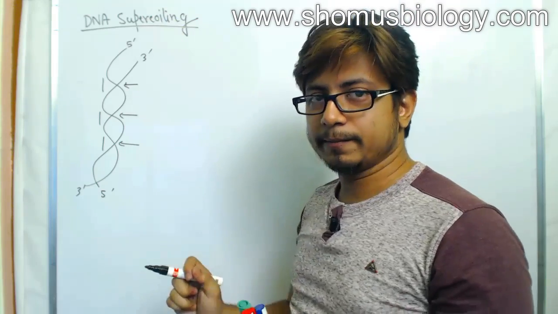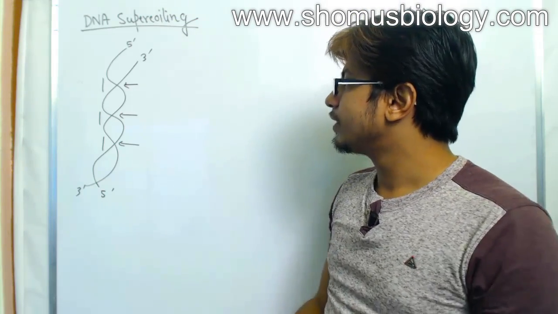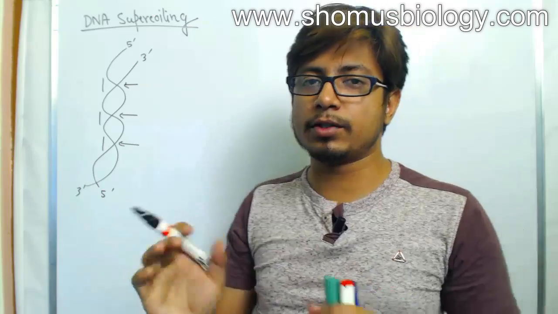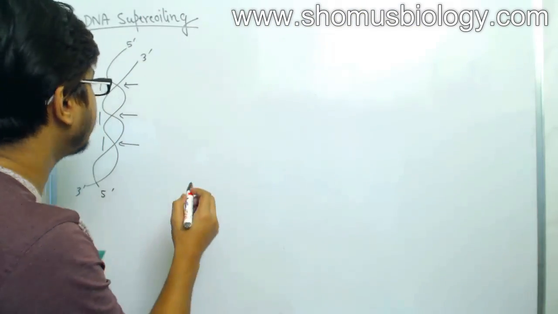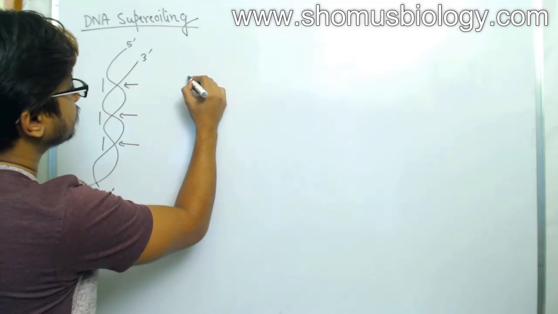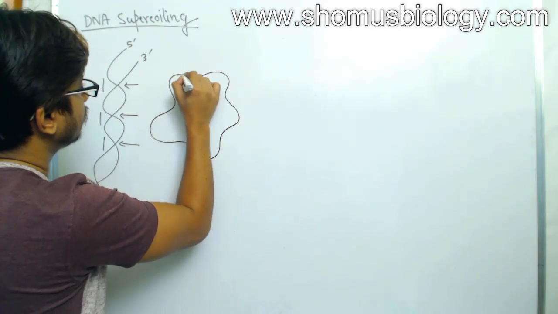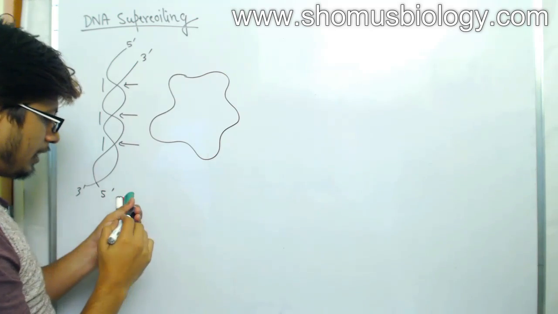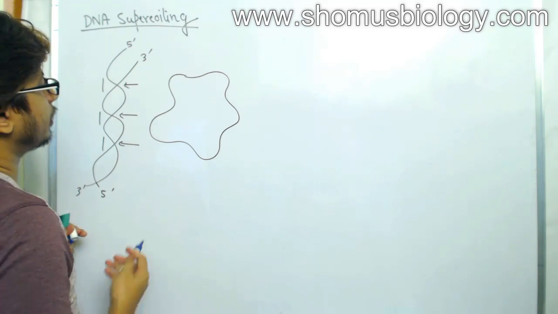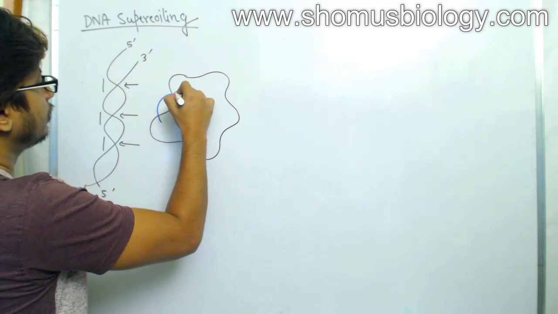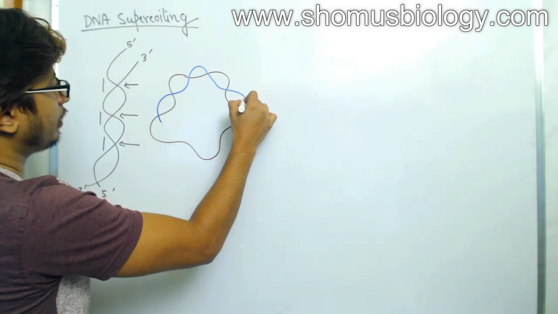So what is supercoiling? Let's assume this is a circular DNA. Let me draw the same thing for a circular DNA. It will look something like this, and another one with a separate color.